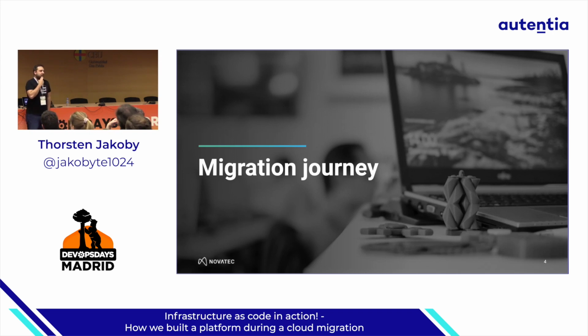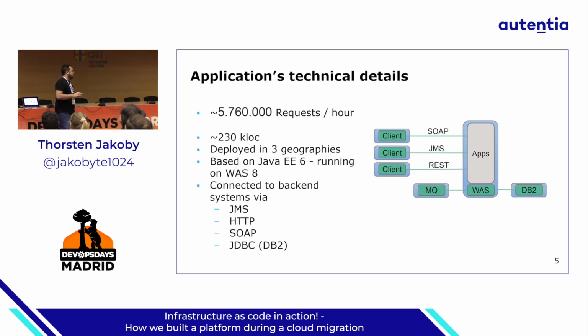What I'm talking about today is a migration journey from a project where we are signed for almost 6 years. We are developing a backend for a connected vehicle application landscape for a well-known automotive client.